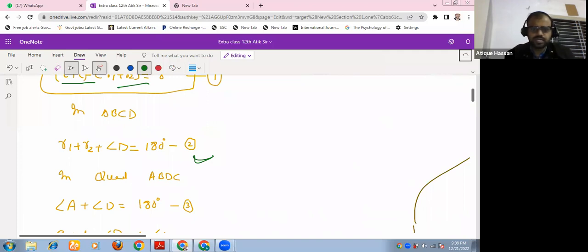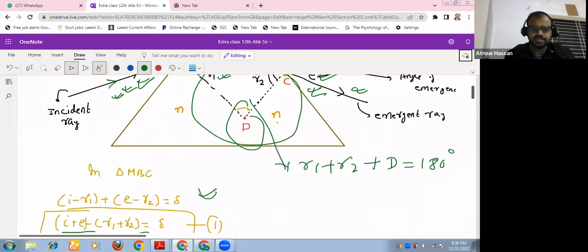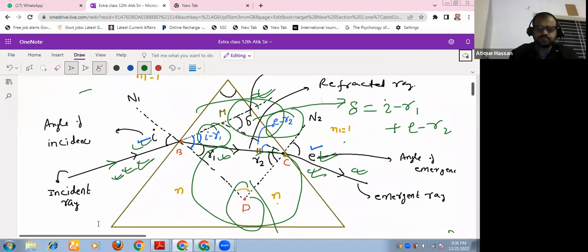Now if you see in the quadrilateral ABDC, obviously two angles are 90 degrees. This angle is 90 degrees, this angle is 90 degrees. It means the sum of this angle and this angle should be 180 degrees.